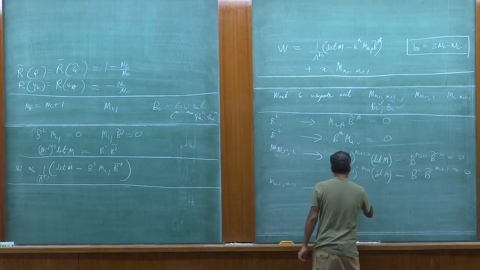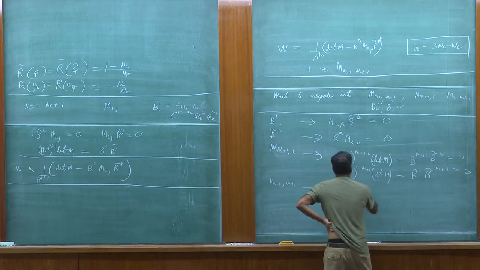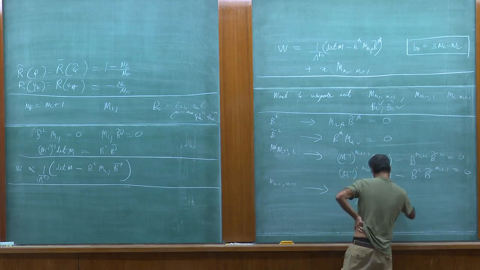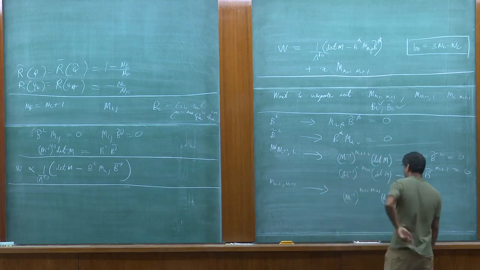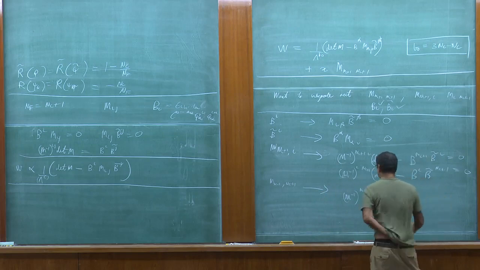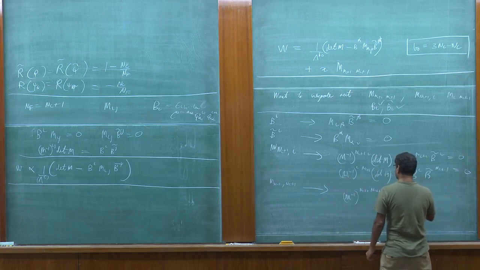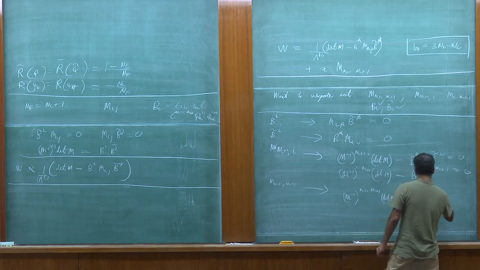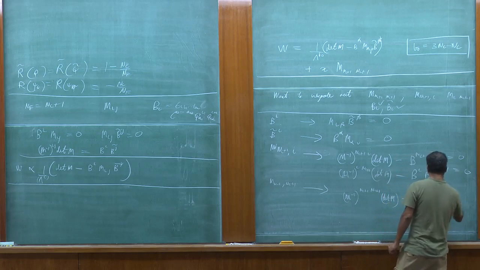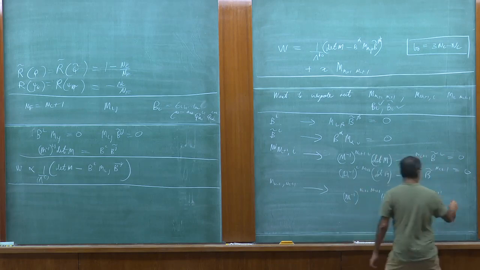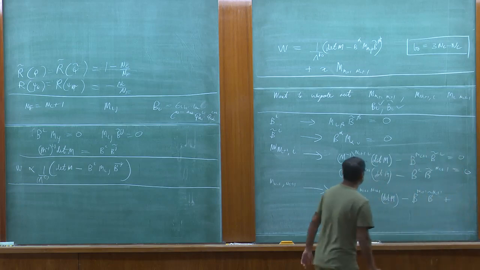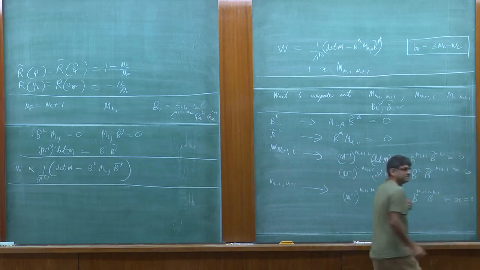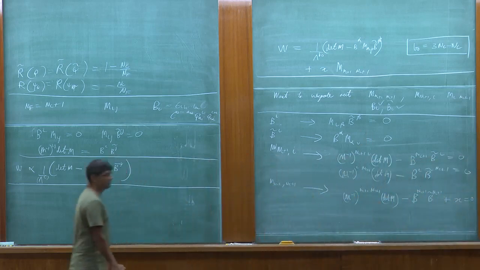So we get (M inverse)^{Nc+1, Nc+1} det M minus B_{Nc+1} B tilde_{Nc+1} plus X is equal to 0.